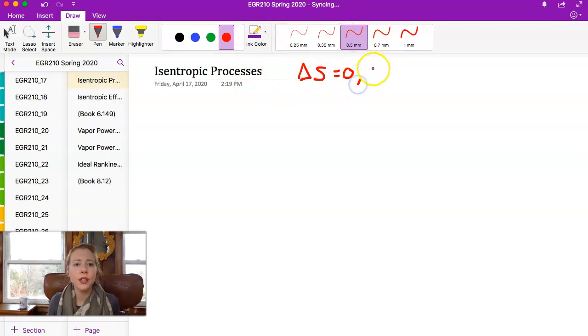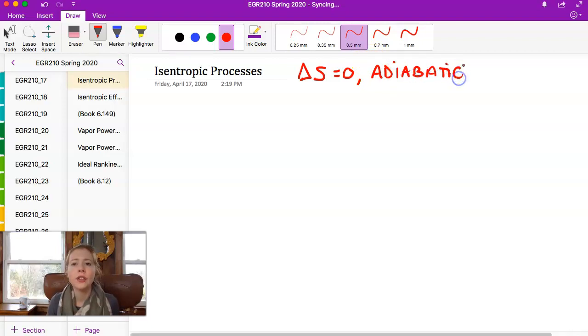Isentropic processes are also adiabatic, so you're not exchanging heat with your surroundings, and also internally reversible.